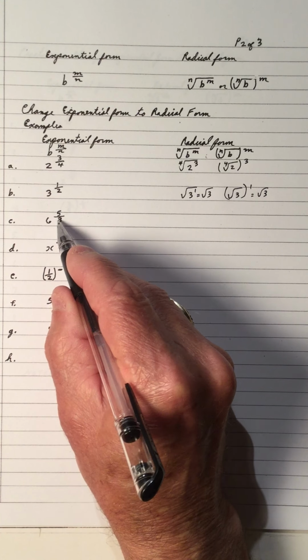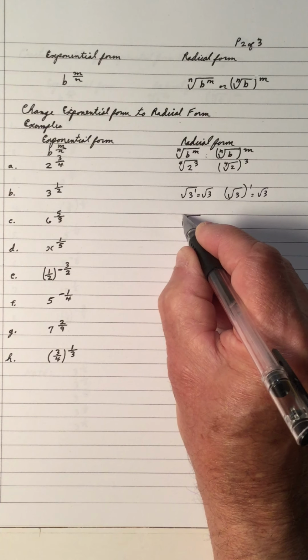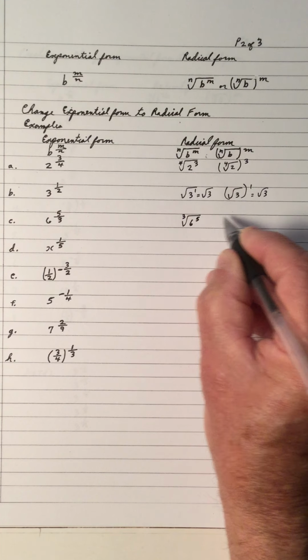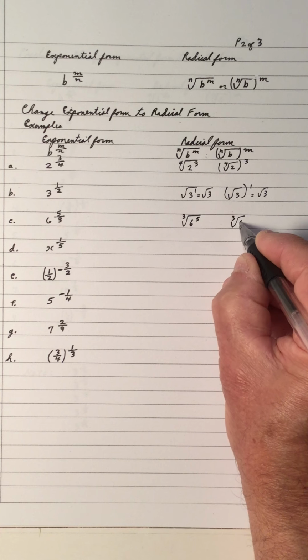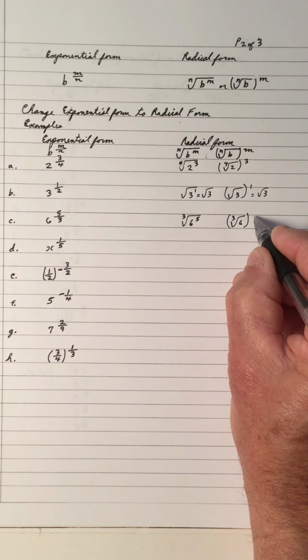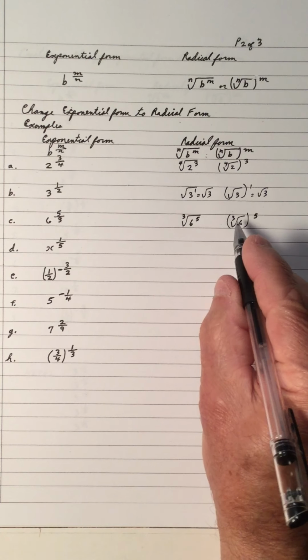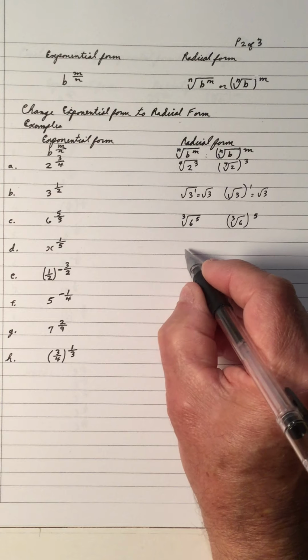6 to the 5 over 3 as a power, and again the root is 3. So it's the cube root of 6 to the 5th power, or we could have the cube root of 6 in brackets to the 5th power. Either way. Most times people write it the first way, not too often the second.